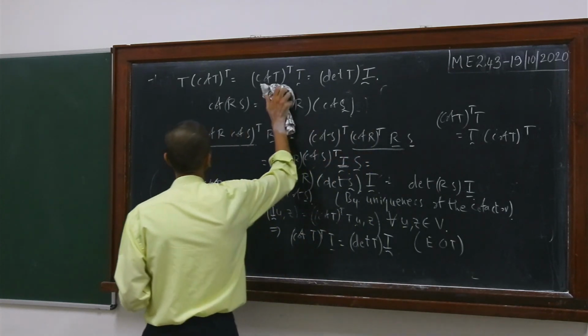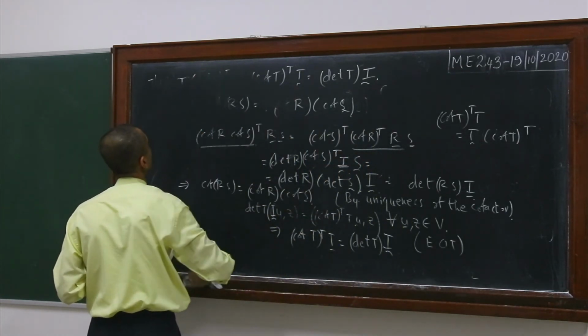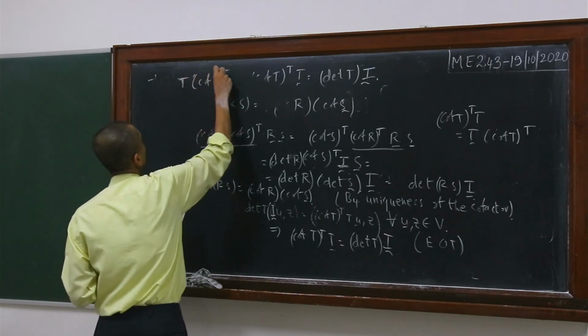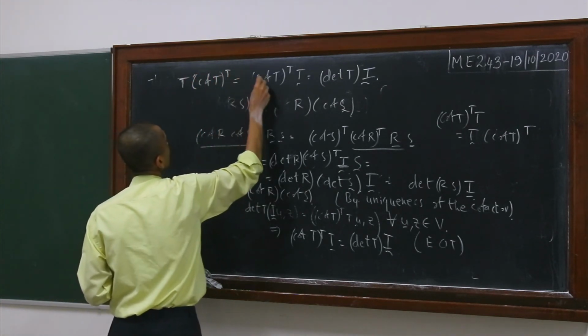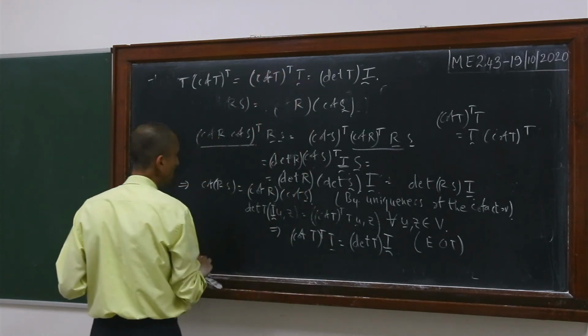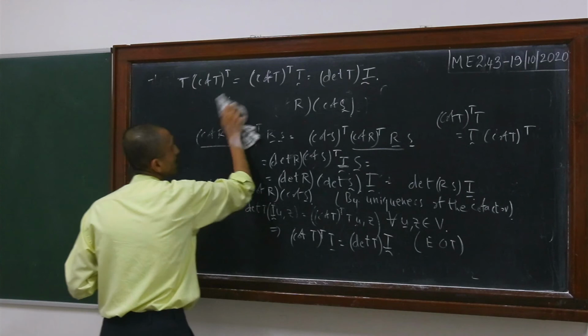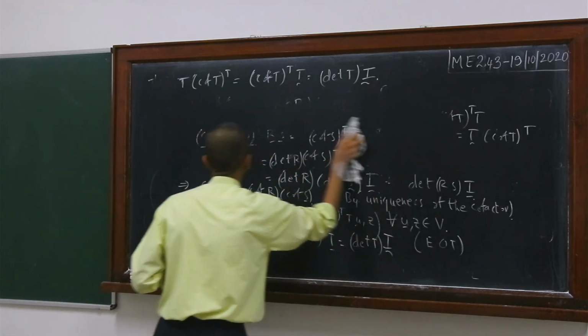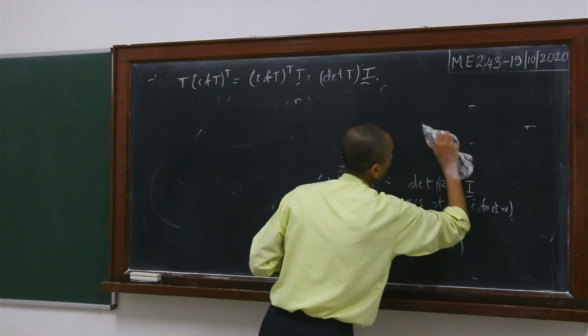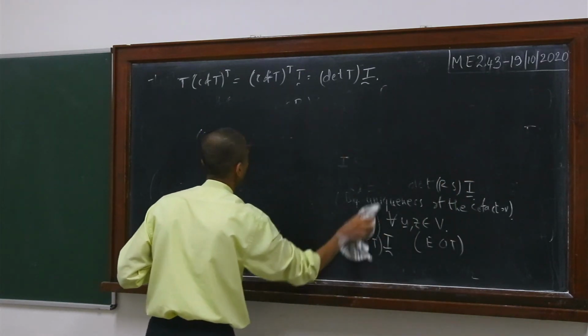Now I need the relation that cofactor of T transpose is equal to cofactor T transpose, but other things I can erase. Now we are in a position to define the inverse of a second order tensor.